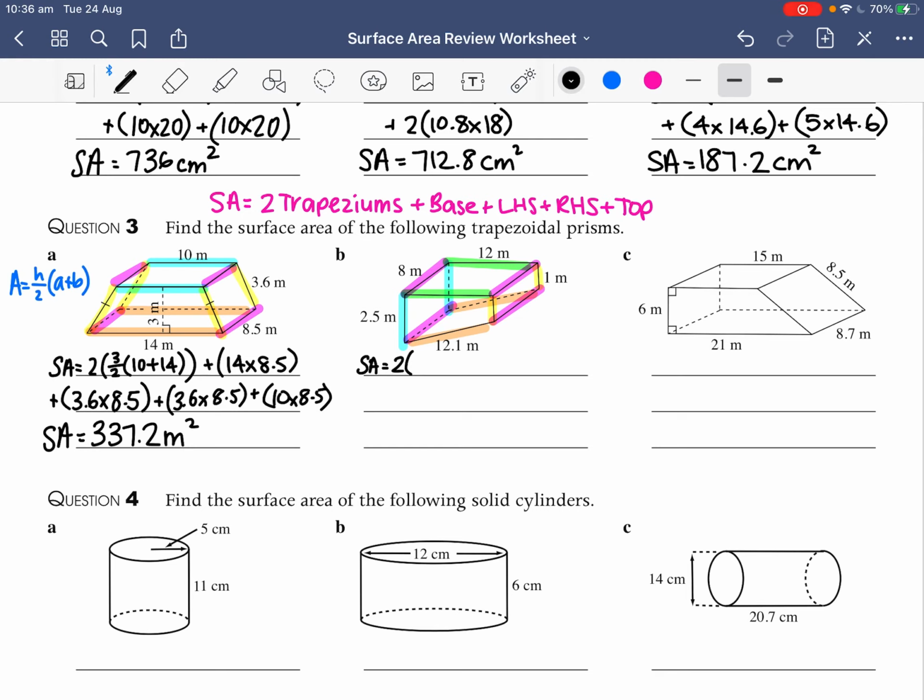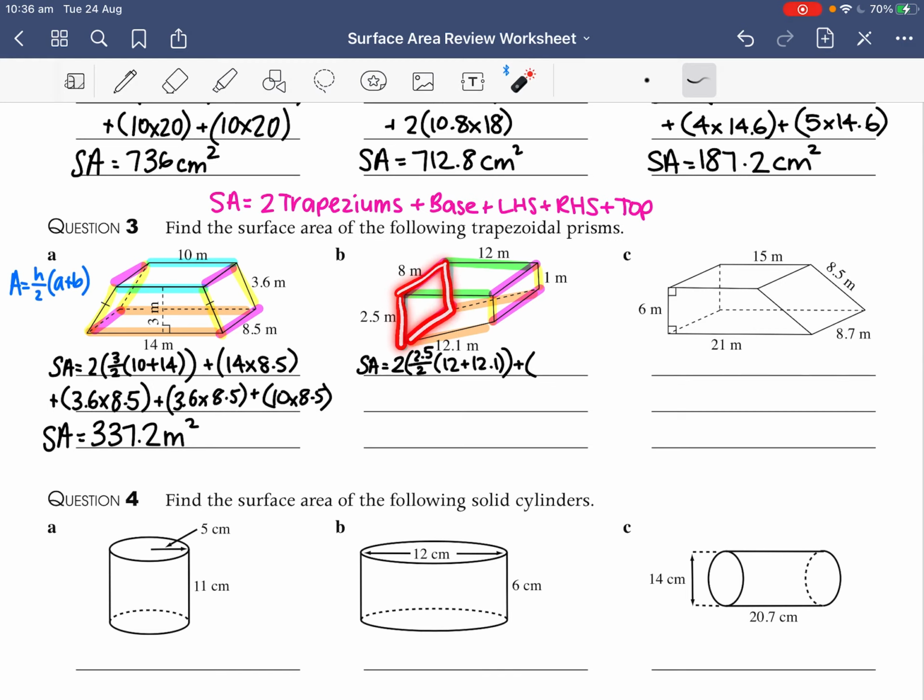So our surface area equals our trapezium. So we have 2 of those. And our height of our trapezium is our tallest height. So our tallest height there is 2.5. 2.5 on 2, bracket our top of 12 plus our base of 12.1, so that was our trapezium done.